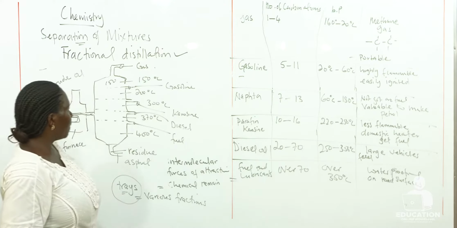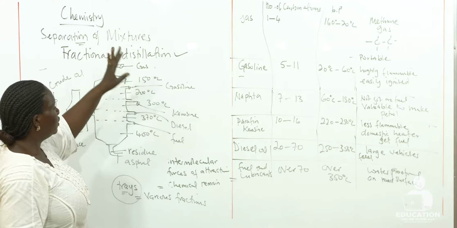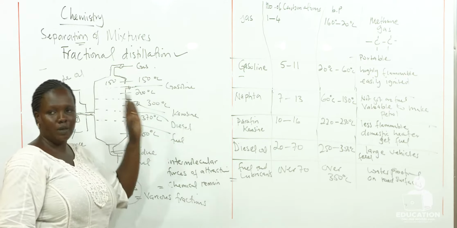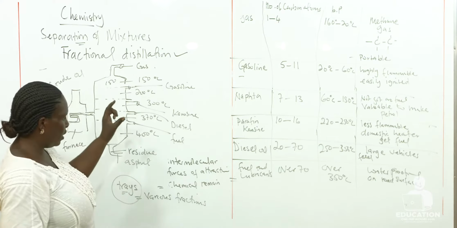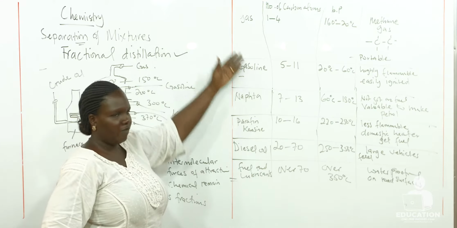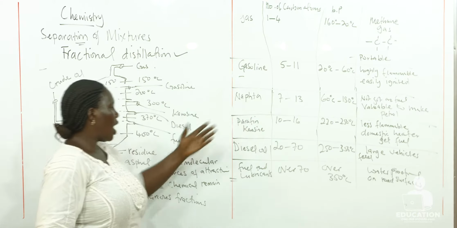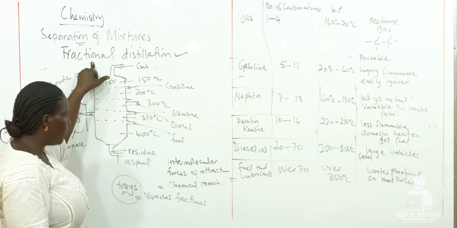Therefore, as I said, fractional distillation is used for separation of miscible liquids. So when you look at crude oil physically, you cannot see these different components unless we apply fractional distillation to the crude oil.